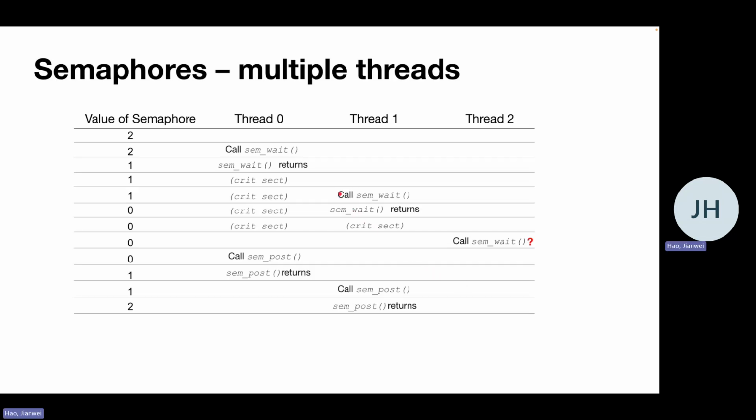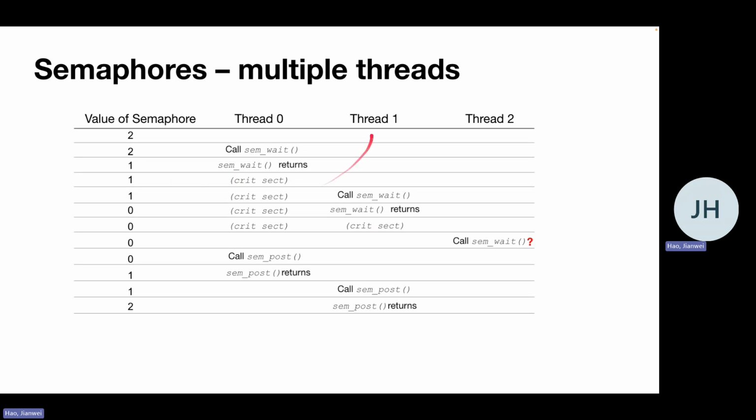Let's say we have multiple threads. For example, in this case, we have 3 threads and the semaphore's initial value is 2. The first thread, thread 0, calls wait, which means we decrease the value by 1, and then it will access the critical section, which means it will do some operation on this area.